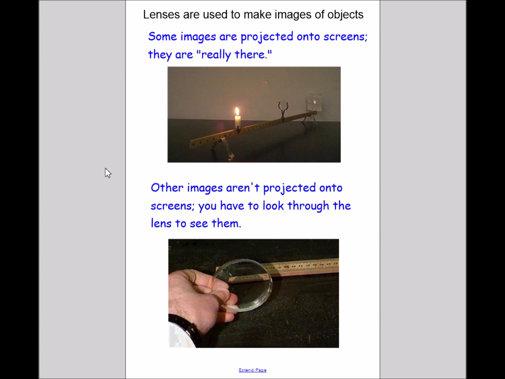Up here in this top picture, we have a candle flame that is on this meter stick. This is a common high school optics setup where you have these legs on a meter stick, and then you put a candle on the meter stick, and some distance away from the candle you place a converging lens, and then over here at the end of the meter stick you have a piece of paper that acts as a screen.